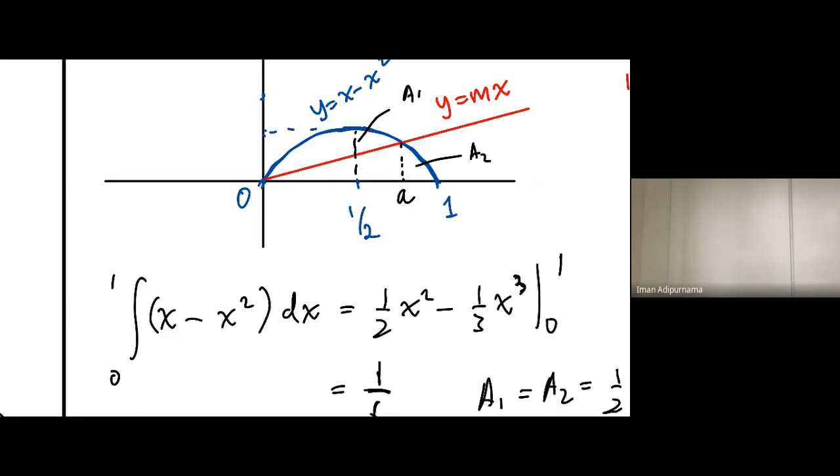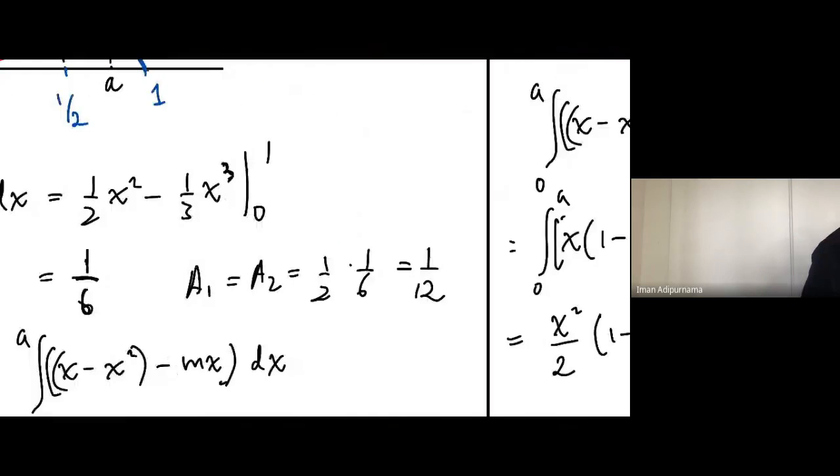So the total here will be 1 over 6, okay? So A1 and A2 is half of this, right? So it's 1/12, okay? So A1 or A2 will be 1 over 12.